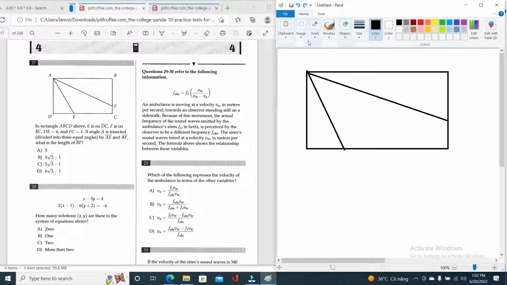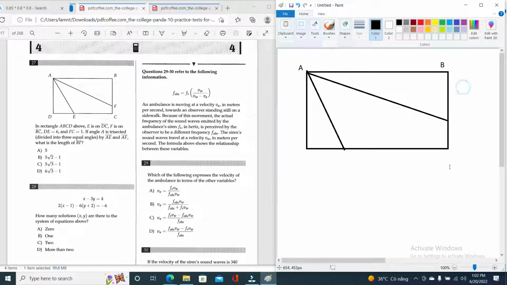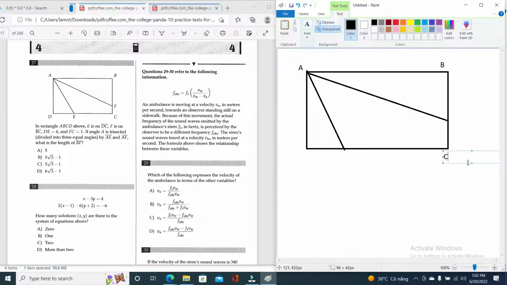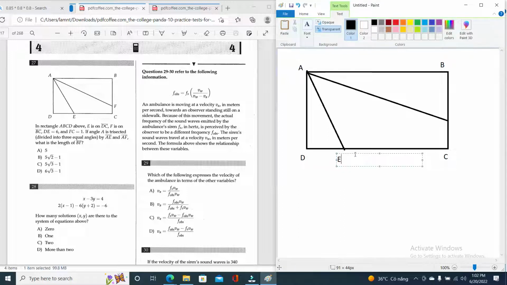Okay, so this is A, B, C, and D. Alright, so this is E, this is F.